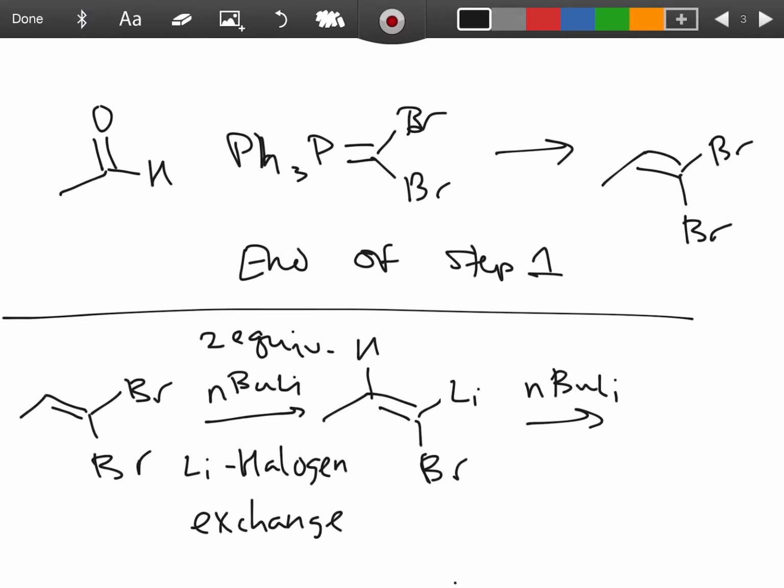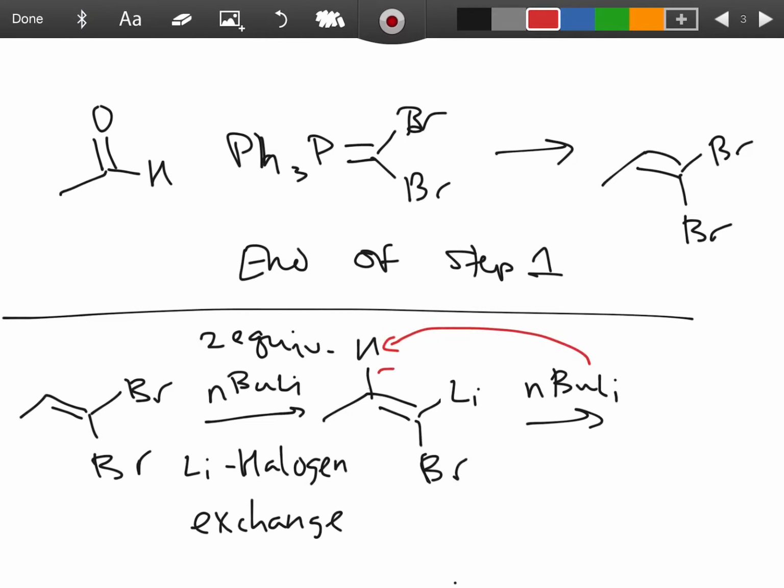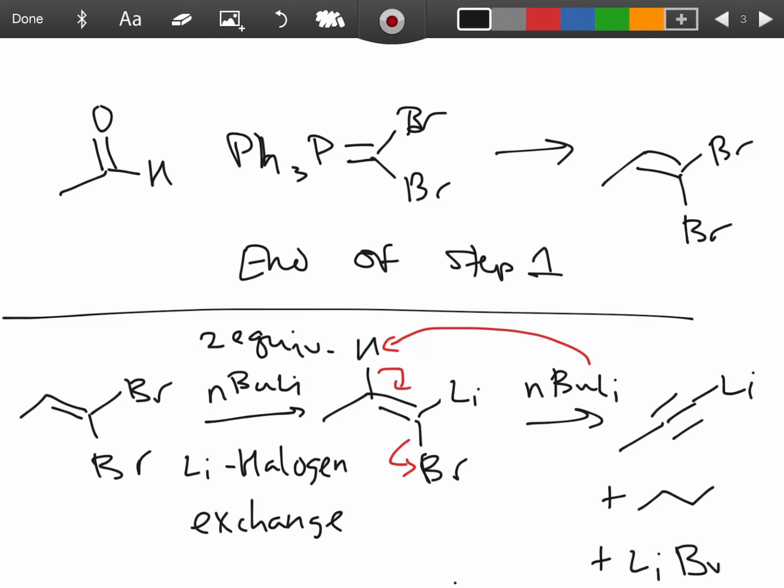Then we're able to use our n-butyllithium as a base, and it will grab a hydrogen and actually do effectively like an E2 elimination and remove hydrogen and bromine to make a lithium acetylide. Right, we end up with butane plus lithium bromide.